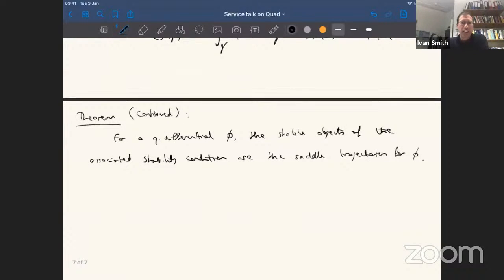I'll draw a picture now, but I'll spend a good chunk of the rest of the talk saying a little bit about the geometry associated to a quadratic differential and trying to say something about what these saddle trajectories look like. But the saddle trajectories come in two broad flavors. One is what you should think of as straight arcs between a pair of zeros of phi.